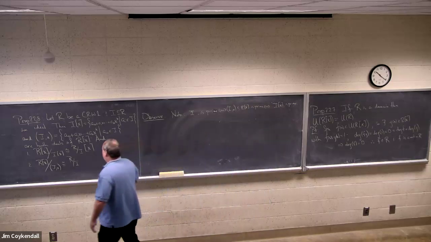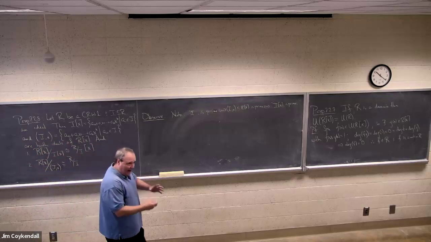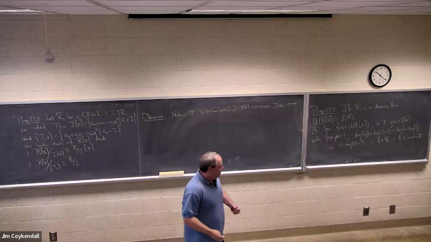So I is prime if and only if I[x] and (I, x) are prime.